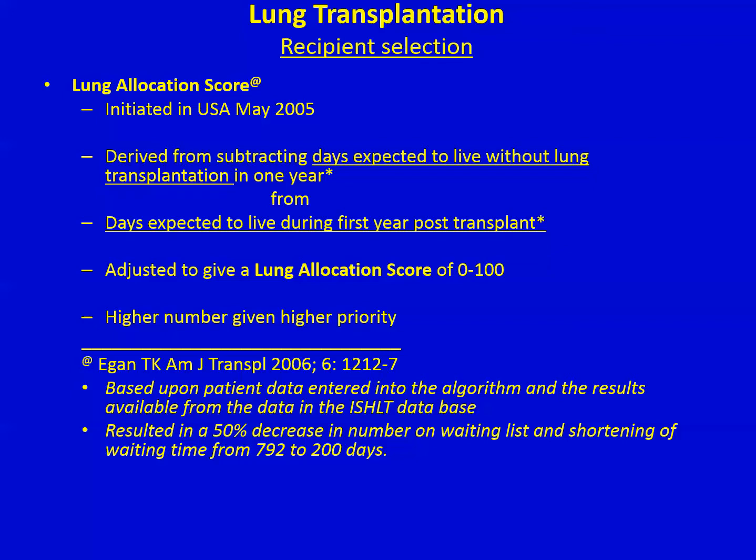This is related to the initiation of this lung allocation score, which took into account the expected survival without transplant versus the expected survival with transplant. Since patients with COPD tend to live longer without transplant, this has resulted in fewer of these patients given priority for transplant.